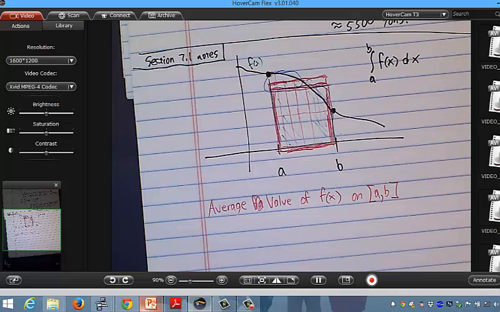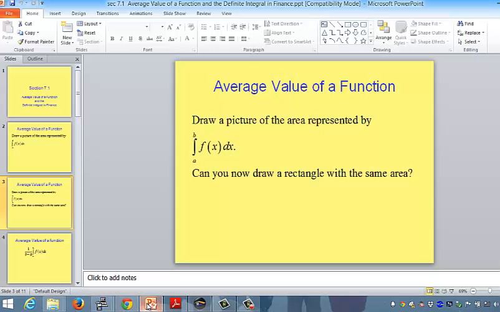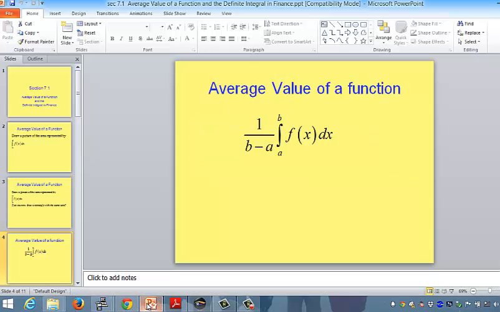But if you go back to the slide for a second, maybe this will make sense. We're going to take the average value of the function to be this: 1 over b minus a times this integral, the integral from a to b of f of x dx. Why is that?